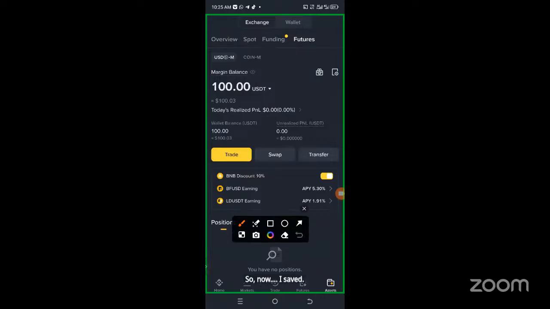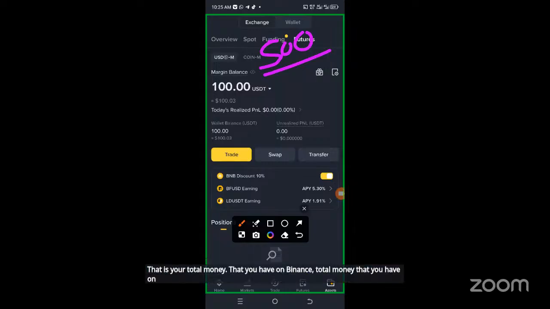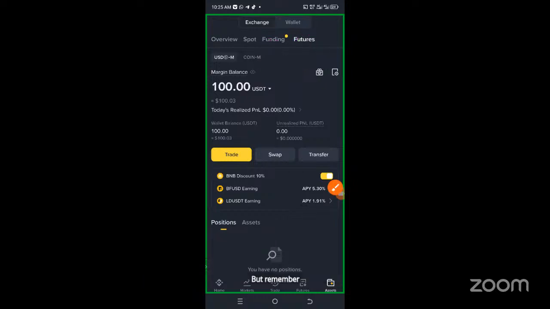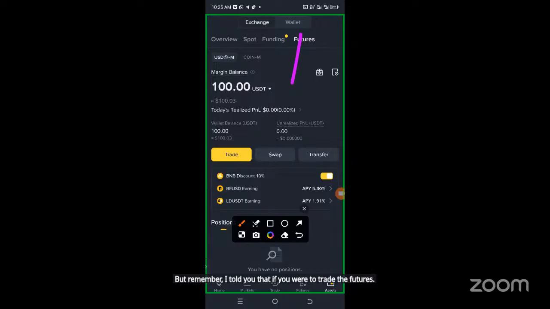For those who are saying repeat a little bit, I said, for example, if you are using $500, that is your total capital on Binance. That is your total money that you have on Binance. But remember, I told you that if you are to trade futures, you are supposed to have some money on your futures account.